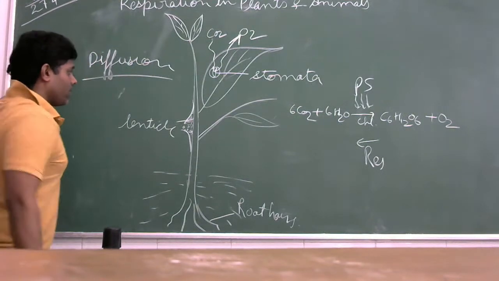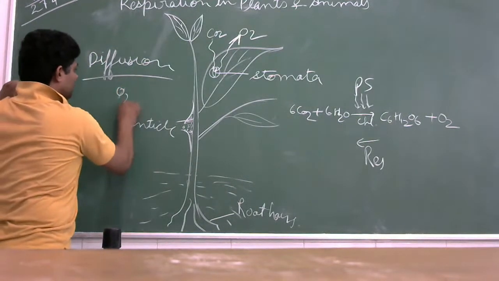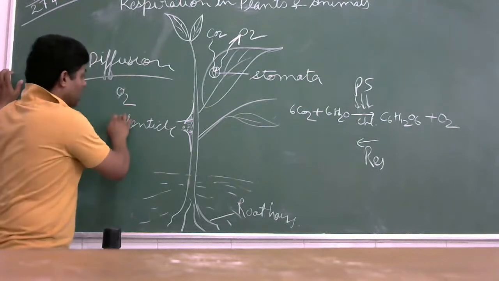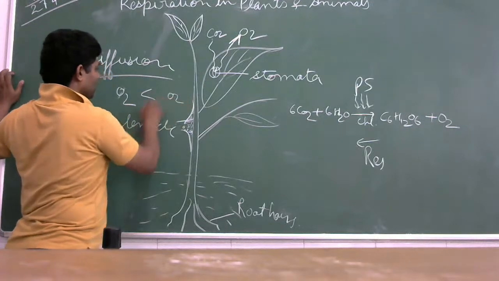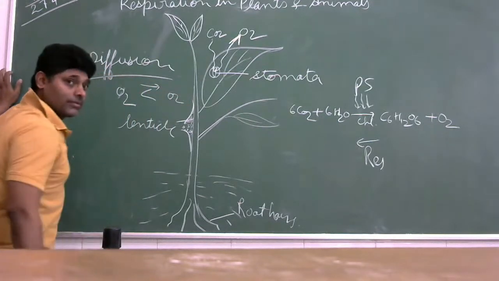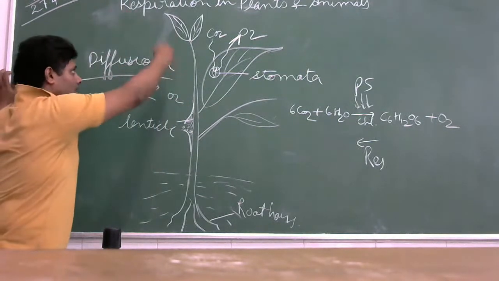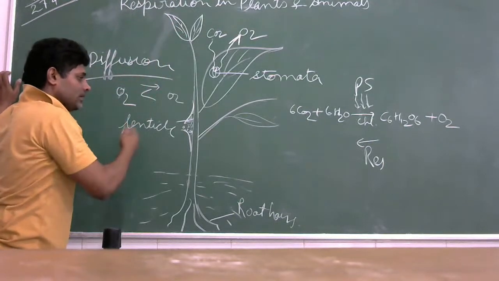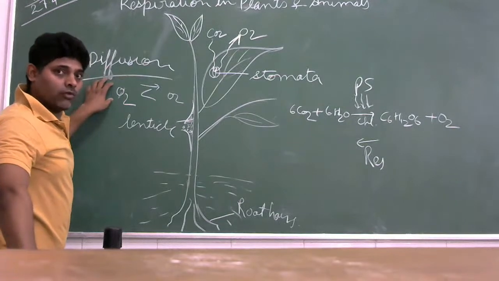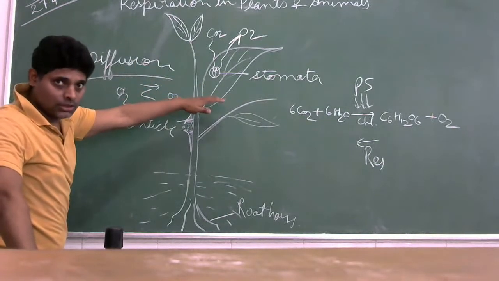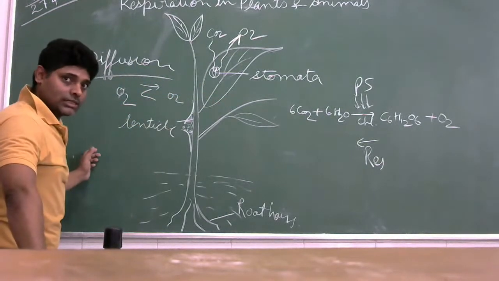Diffusion means oxygen will move to where it has lesser oxygen, and similarly the carbon dioxide. So according to diffusion, molecules move from higher concentration to lower concentration.